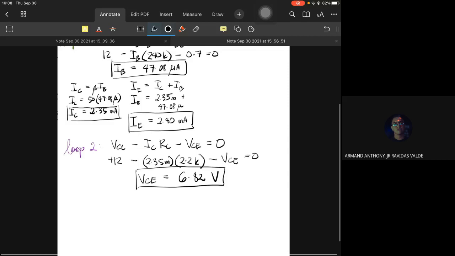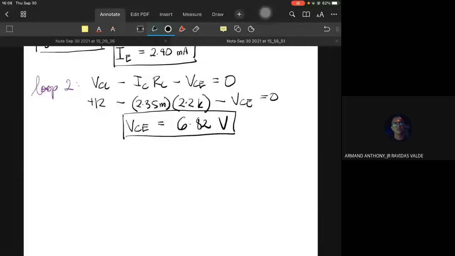Now, how do we determine if our circuit will not go boom? Multiply the current and voltage of the transistor. So the power of the transistor is equal to IC times VCE.